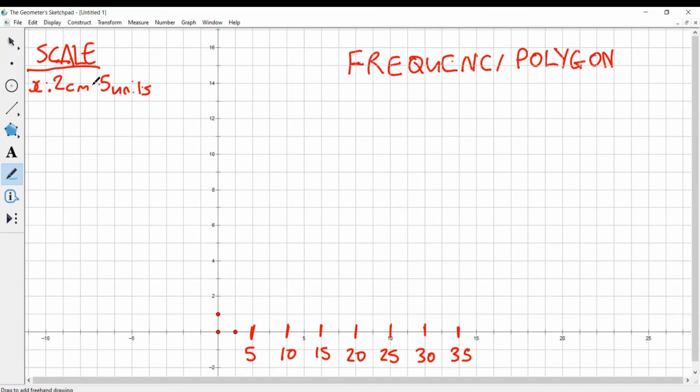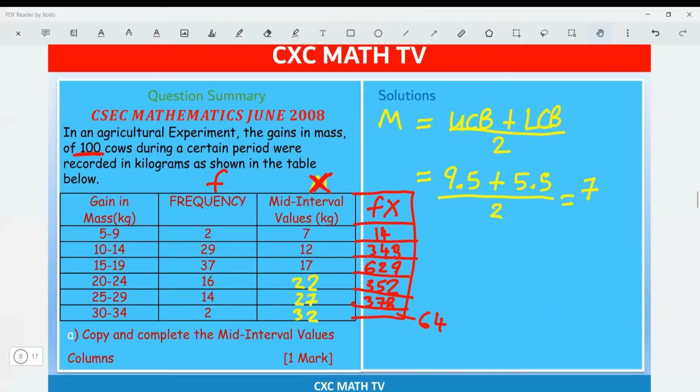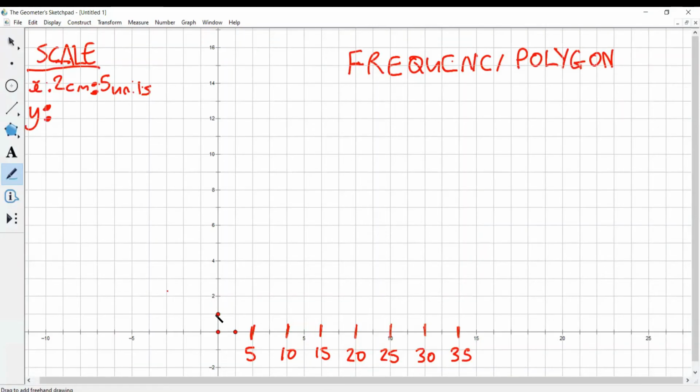And on your y-axis, let's look at what was the highest frequency. The highest frequency was 37. So we don't need to go beyond 40. So maybe we can go by fives. Let's see if fives will work. We can go by 5, 10, 15, 20, 25, 30, 35, 40.